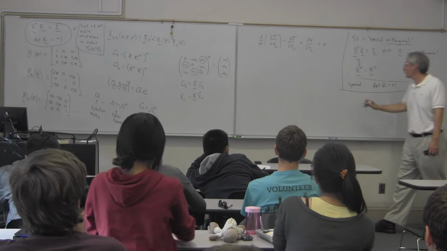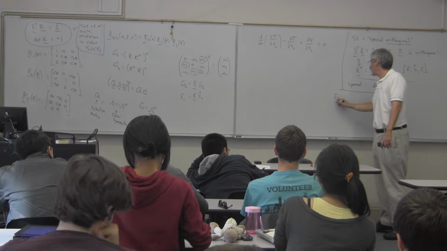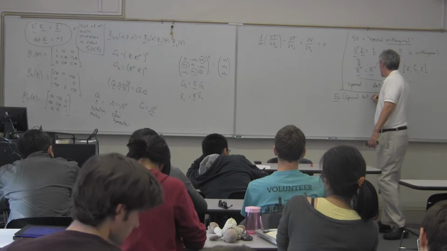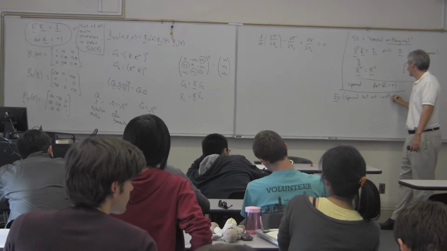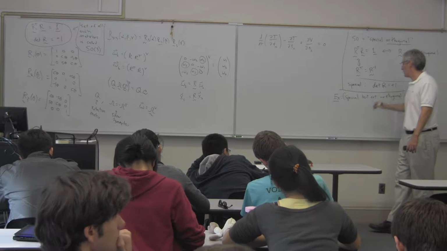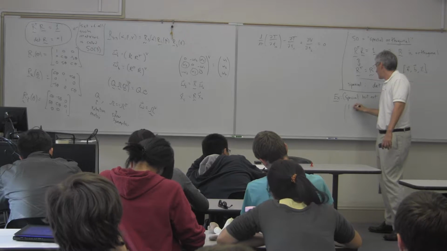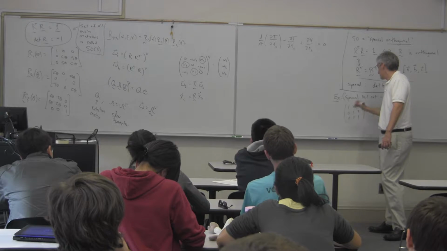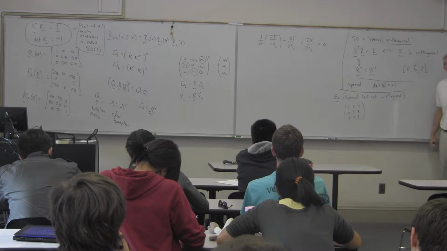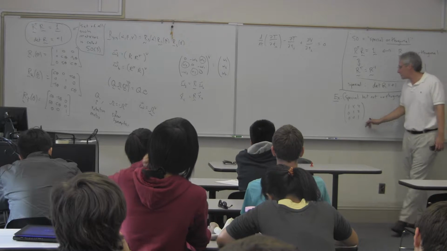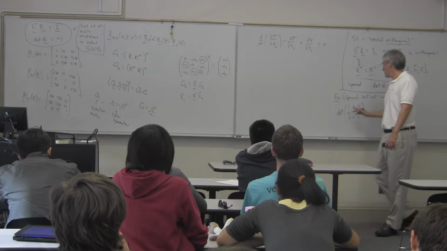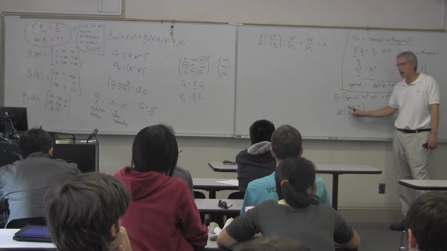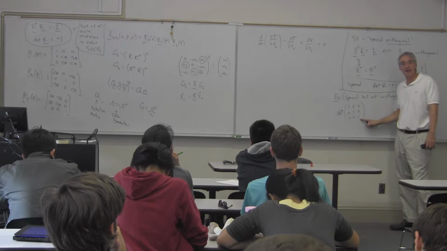So here's an example of special but not orthogonal: 1, x, y, 0, 1, z, 0, 0, 1. A matrix like this, because it's upper triangular, the determinant is simply the product of the entries on the diagonal.